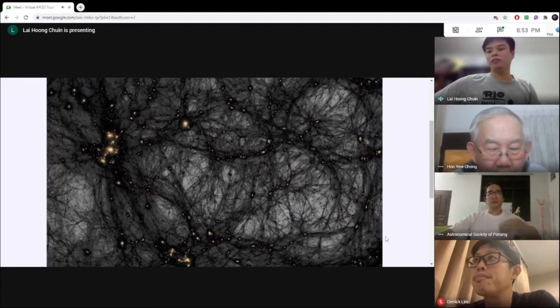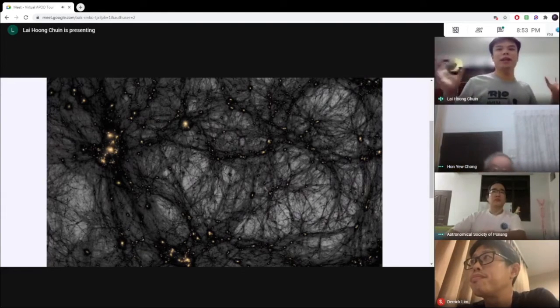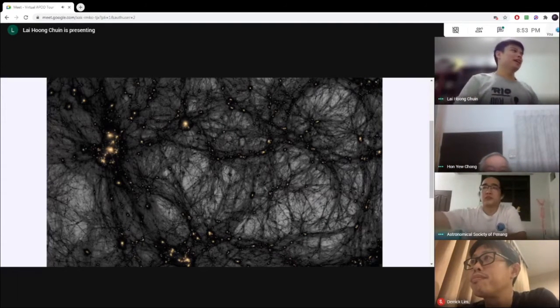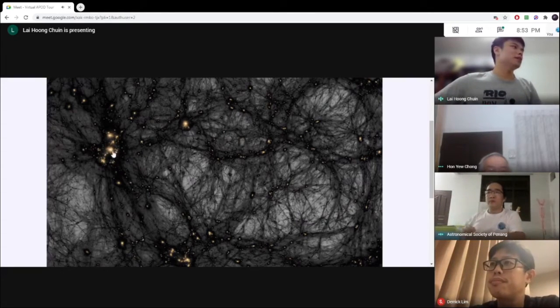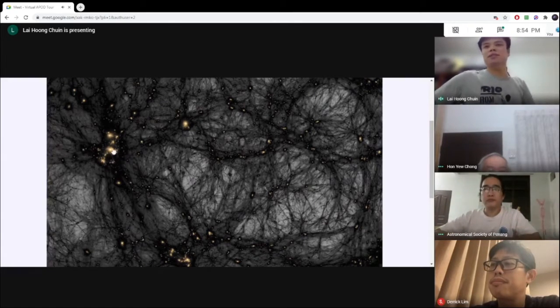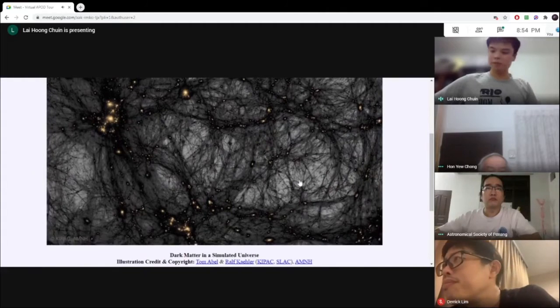The distribution of this dark matter in the universe is a lot, and it's like a spider web everywhere. And the bright part is baryonic matter. So it might be stars, or whole galaxies, or whole star systems inside, or clusters of galaxies. So this is a simulation.